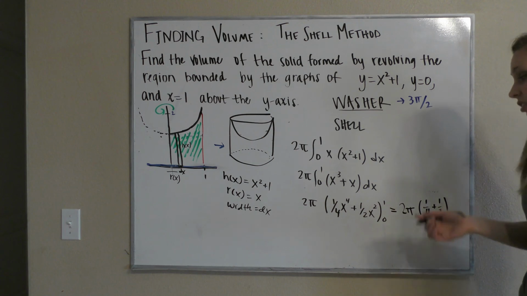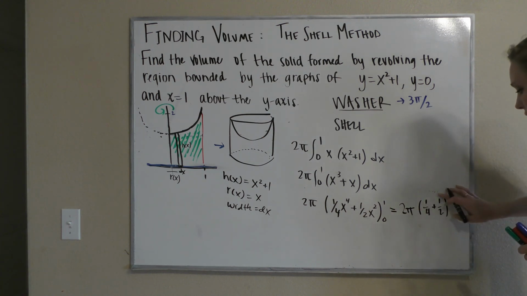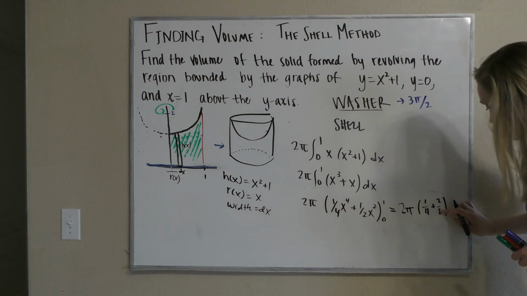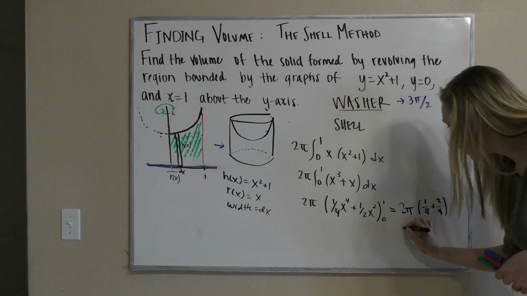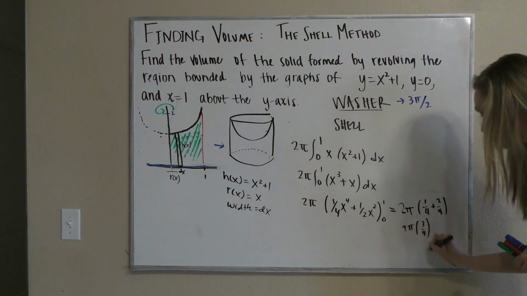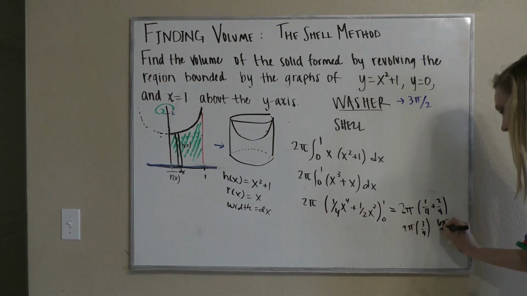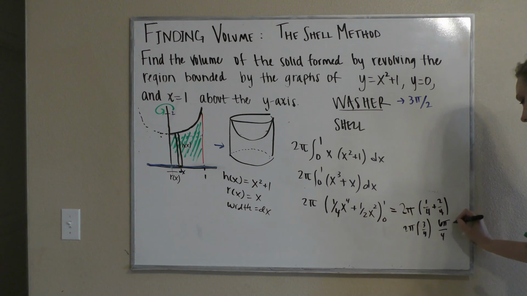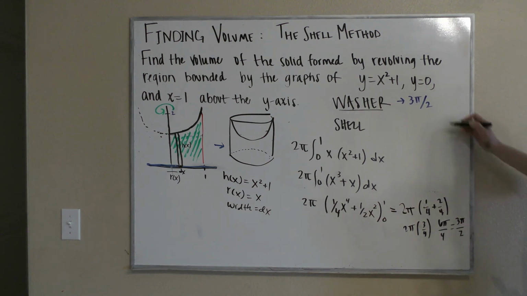Because when you plug in 0, it's still 0. So 1/4 plus 1/2, well, this is the same thing as 2/4, which means that we have 2 pi times 3/4, which means that we have 6 pi over 4, which is 3 pi over 2. Same thing.